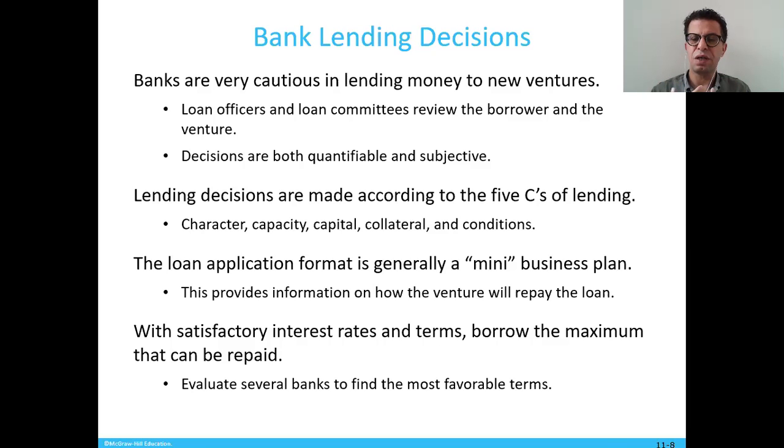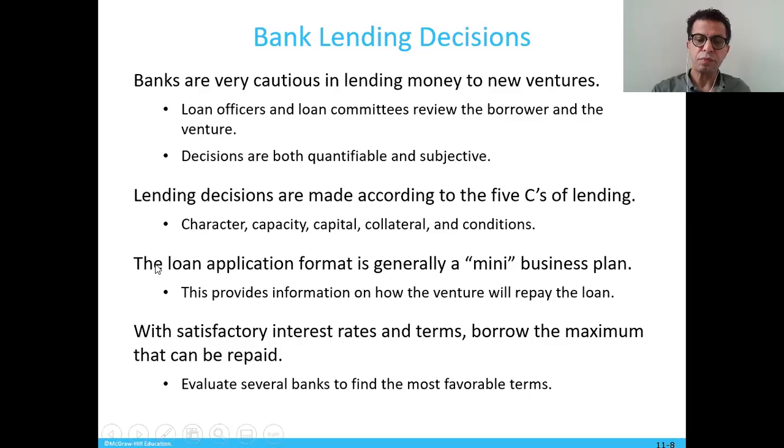Loan officers and loan committees review the work. Unless you go to a bank and say, I'm going to do a new venture and here is my house, or I have a land, and they hold on to it, you're not able to sell the land until you make the payments.